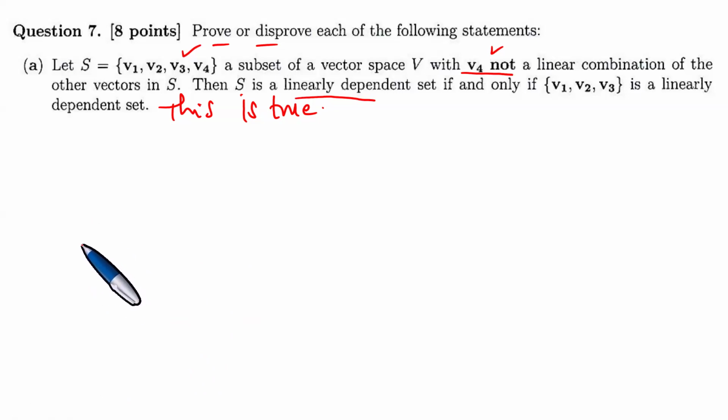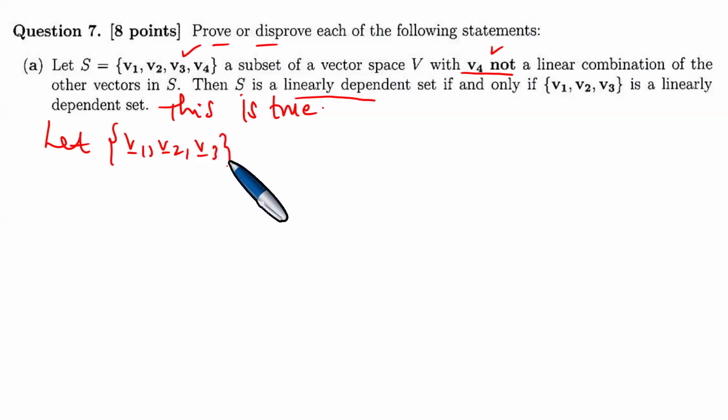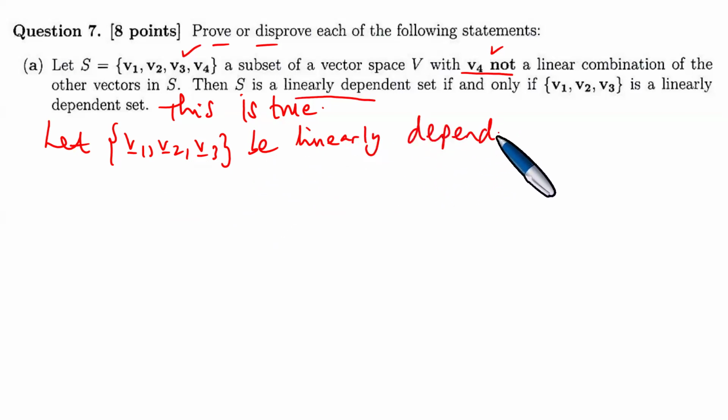Now, the couple of ways. You can say: let V1, V2, V3 be linearly dependent.